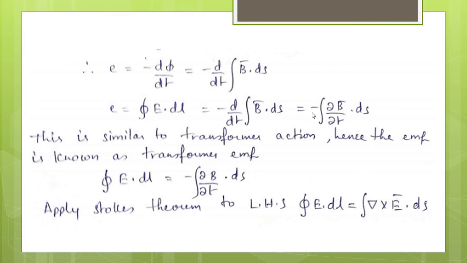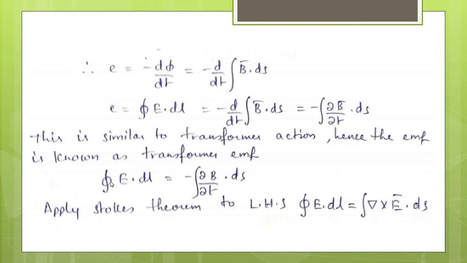Therefore E is equal to minus integral of dou B by dou t dot ds. This is similar to the transformer action, where the flux linkages are changing with respect to time. That's why this EMF is known as the transformer EMF. We can write this equation as closed integral of E dot dl is equal to minus integral of dou B by dou t dot ds.